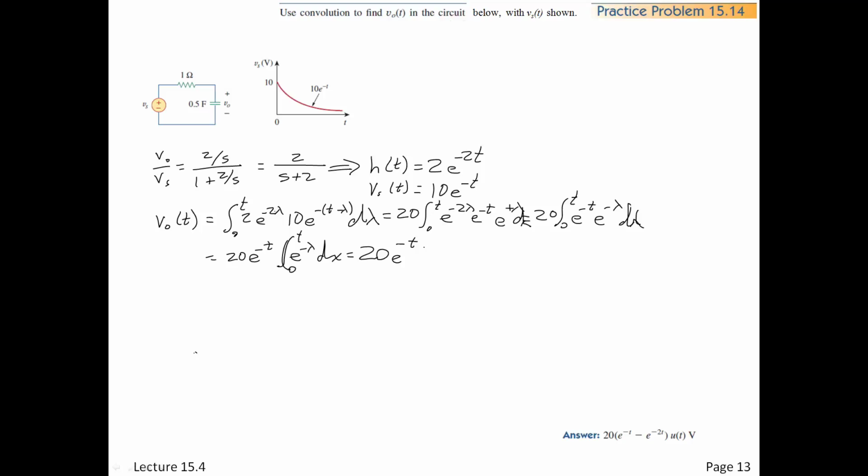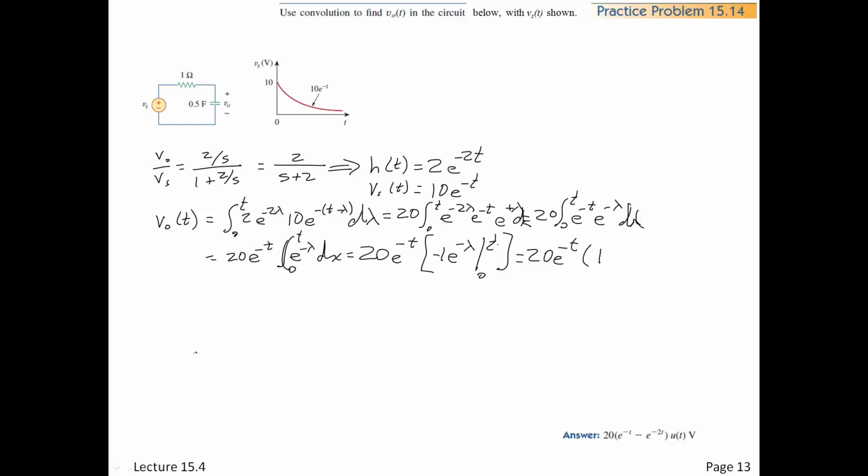Times what now? The integral of e to the minus lambda d lambda is minus 1 times e to the minus lambda evaluated between 0 and t.